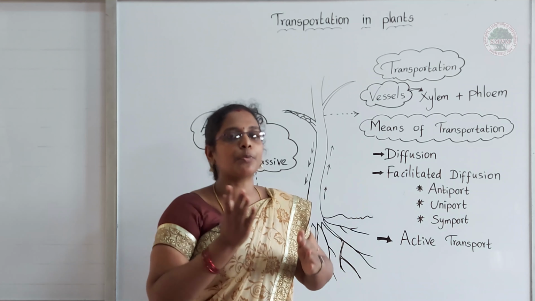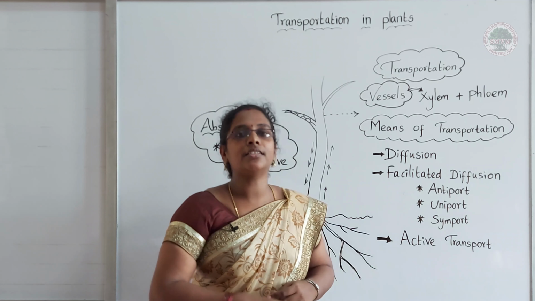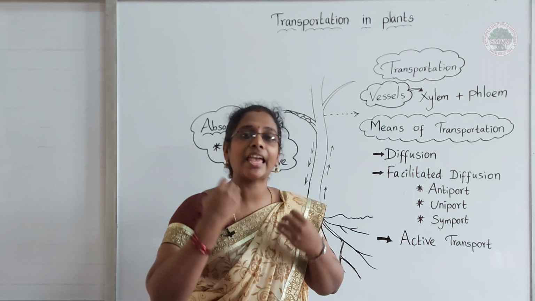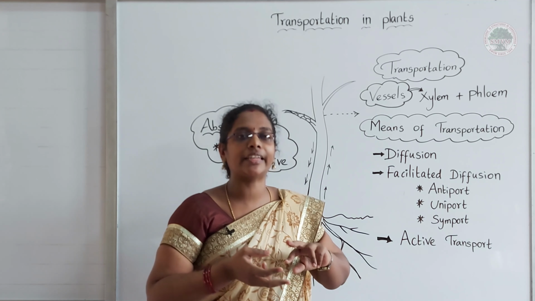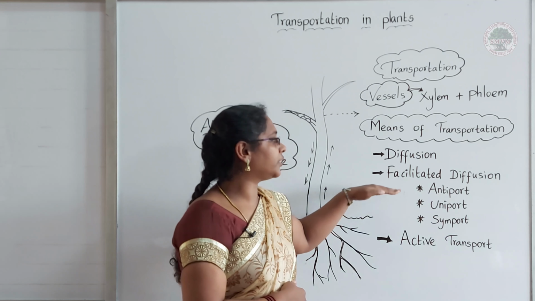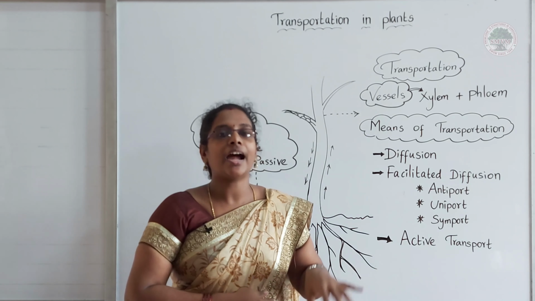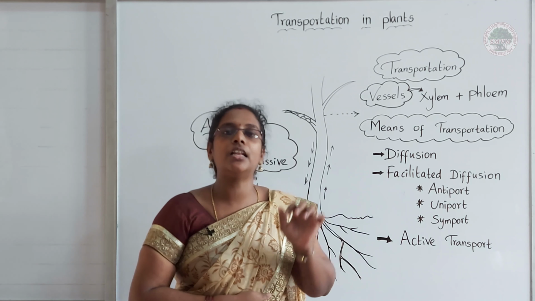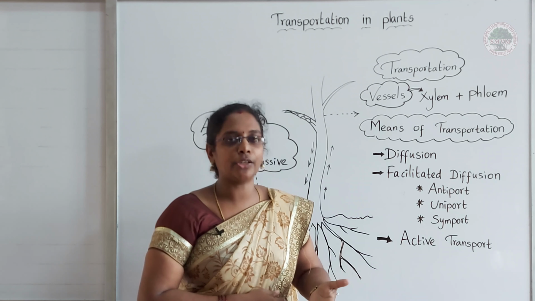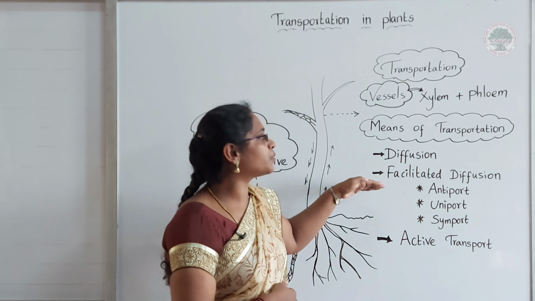So the transport can happen like that. Different solvents go in the same direction in symport. So these kinds of proteins are present in the cell wall and selectively allow the molecules or solvents through. This is one kind of transportation.